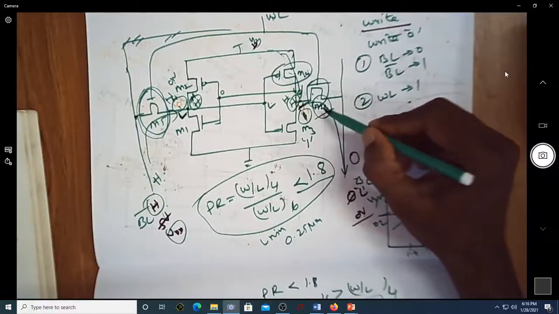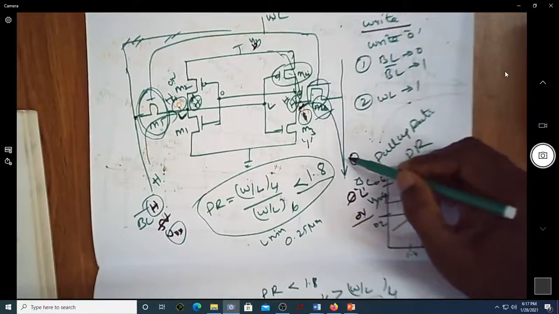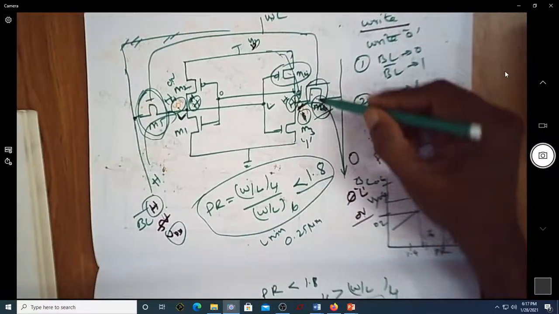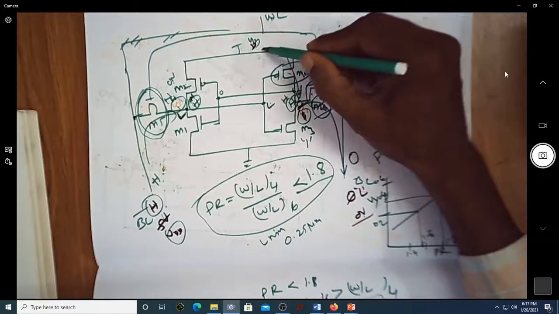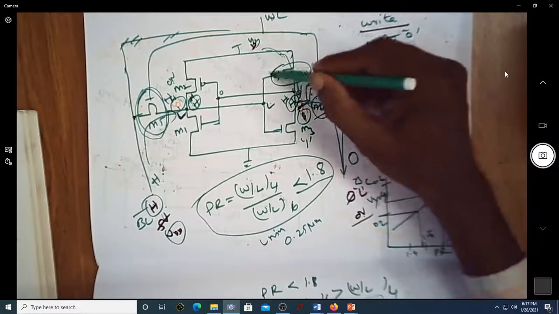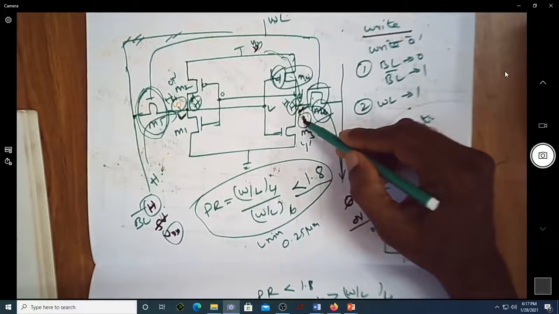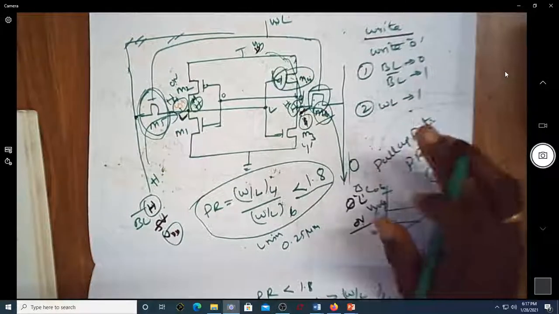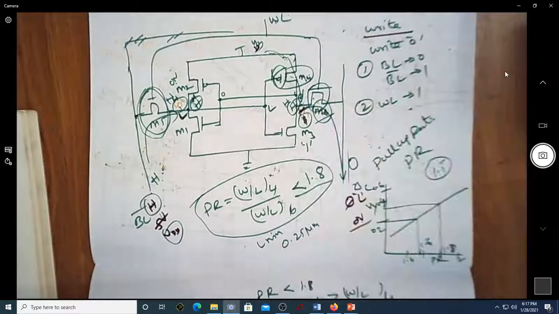Since the resistance offered by M6 is lesser, the high voltage you have stored here will discharge sooner, whereas since this is offering more resistance, this will not charge quickly. By the time this charges, this goes off. When this goes off, the voltage here will always go to 0. This way we are able to properly write the value.